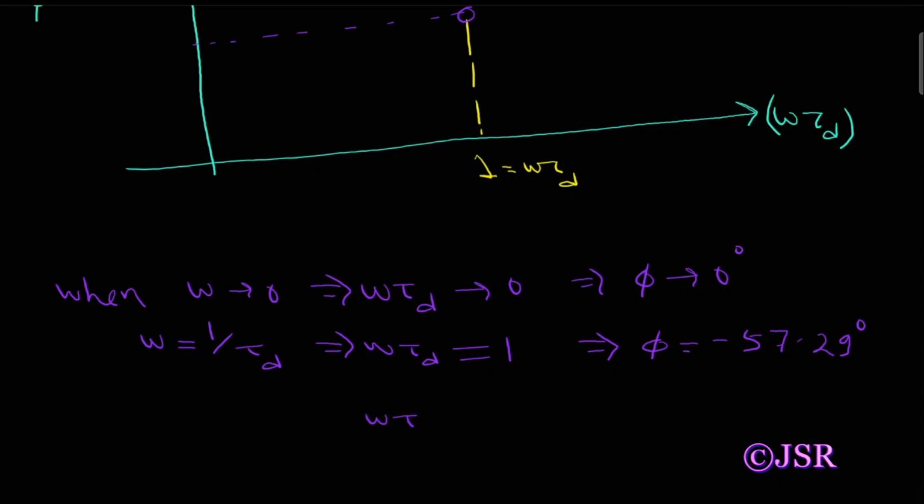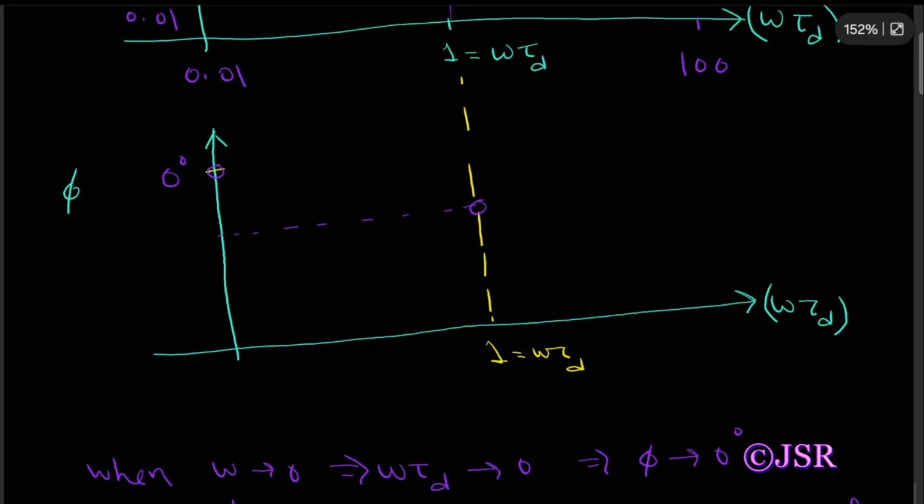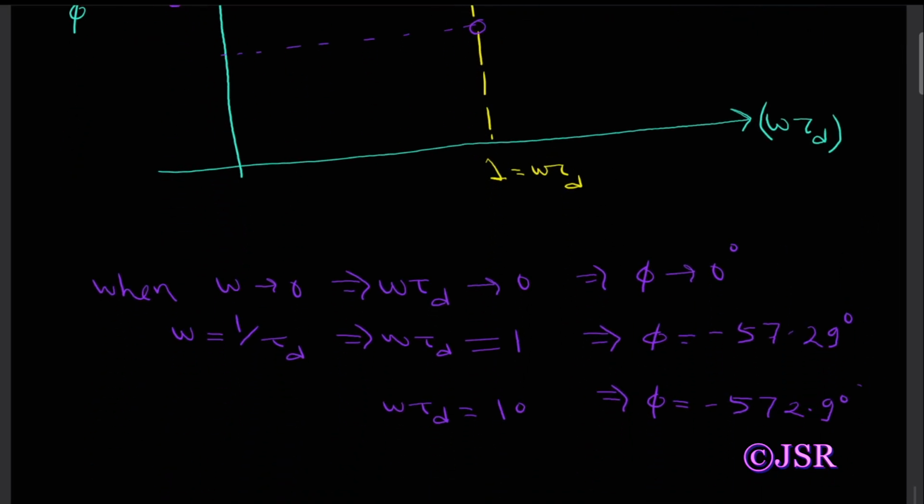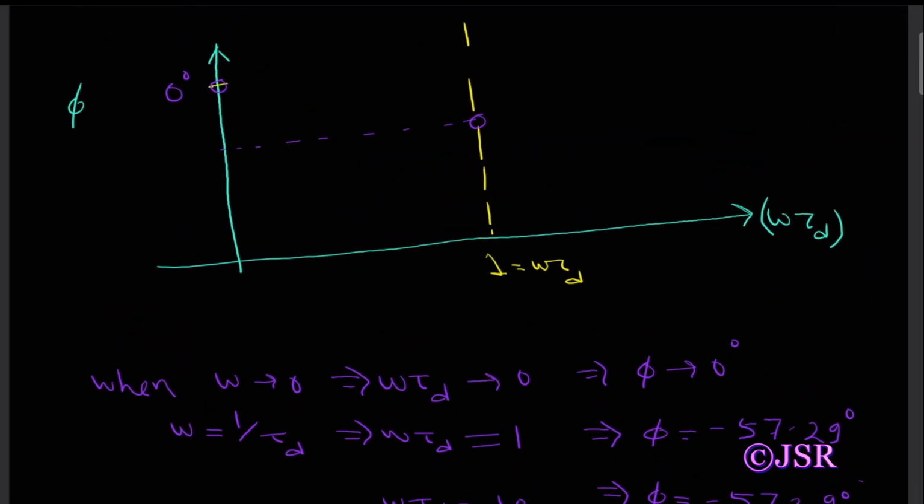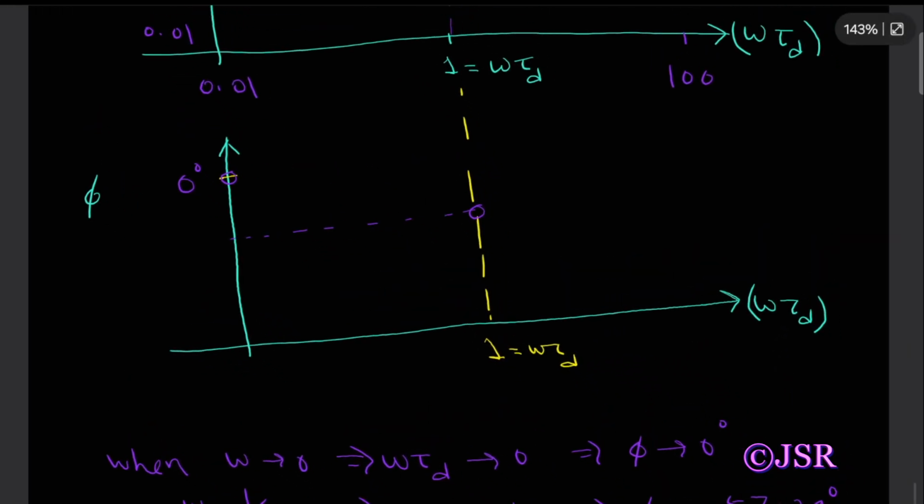So when omega tau d equals, let's say, 10, in that case phi will be minus 572.9 degree. So we will have 10 here, we will have 100 here.